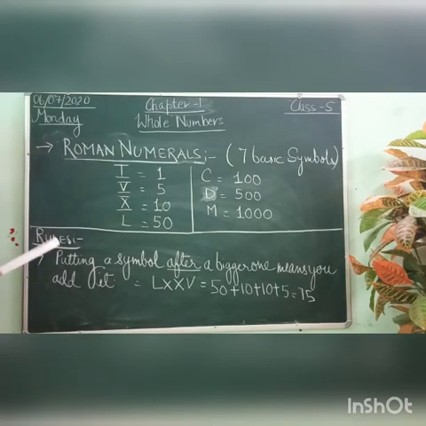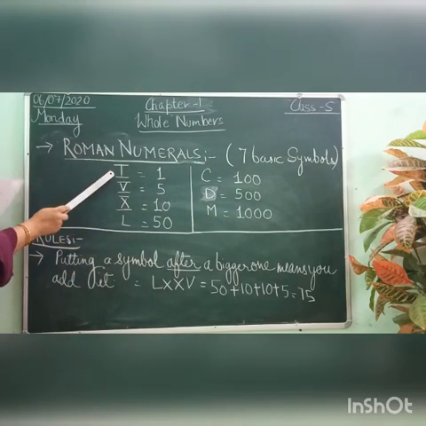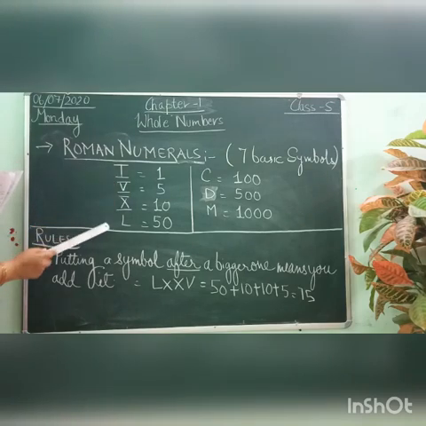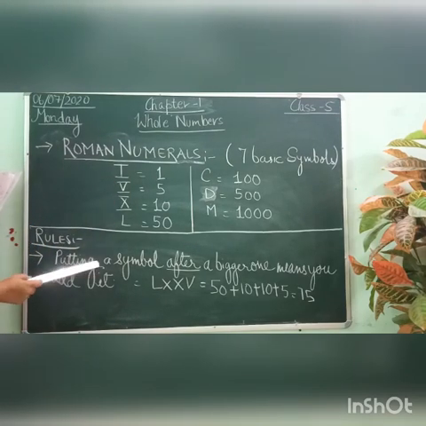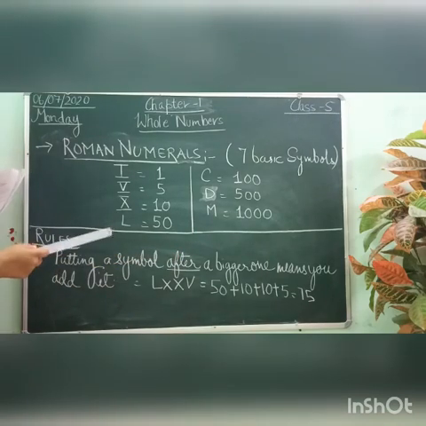The first rule is putting a symbol after a bigger one. After a bigger one means you have to add it. The values should be added.